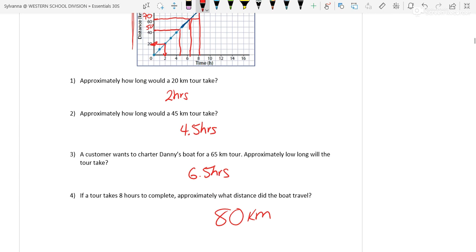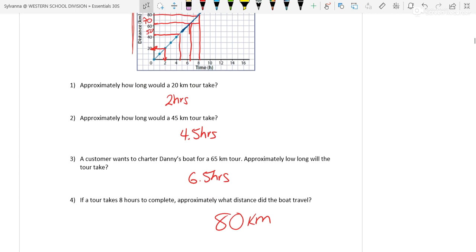Look at the pattern that we have here. 20 kilometers in 2 hours, 45 kilometers in 4.5 hours, 65 kilometers in 6.5 hours, and 80 kilometers in 8 hours. Can you see the pattern there?